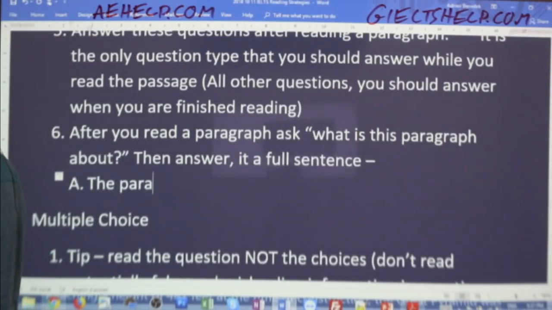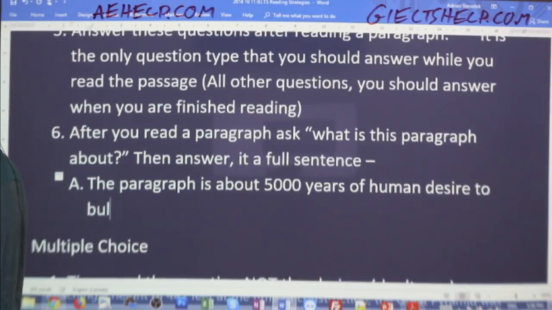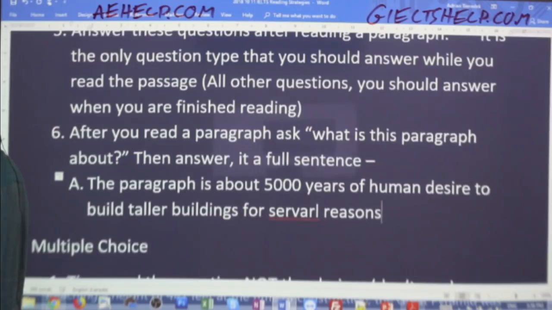So the paragraph is about 5,000 years of human desire to build taller buildings for several reasons. Okay, and I don't need to list those because those are details.